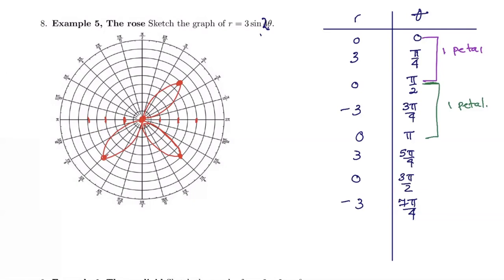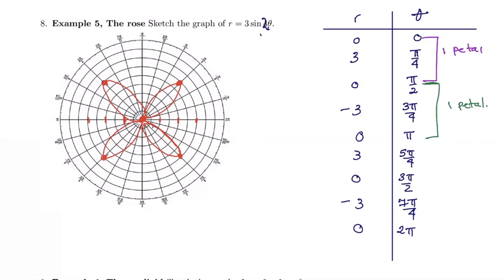And this was the only place where I didn't have a petal. We knew we had to have one here since we're doing this. And then we know we have to come back to the origin. And we come back to the origin at 2 pi. And so that is our 4-petaled rose.